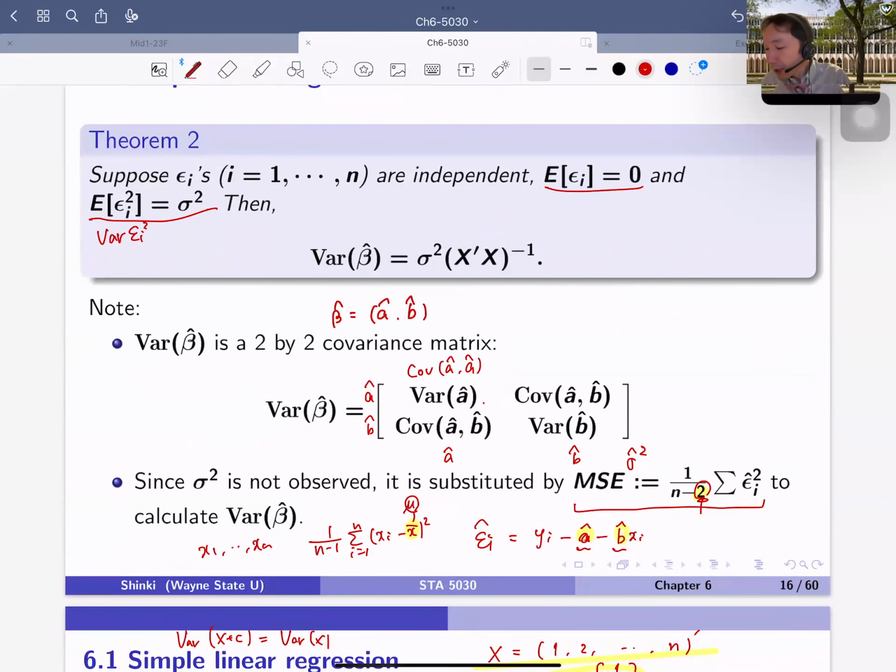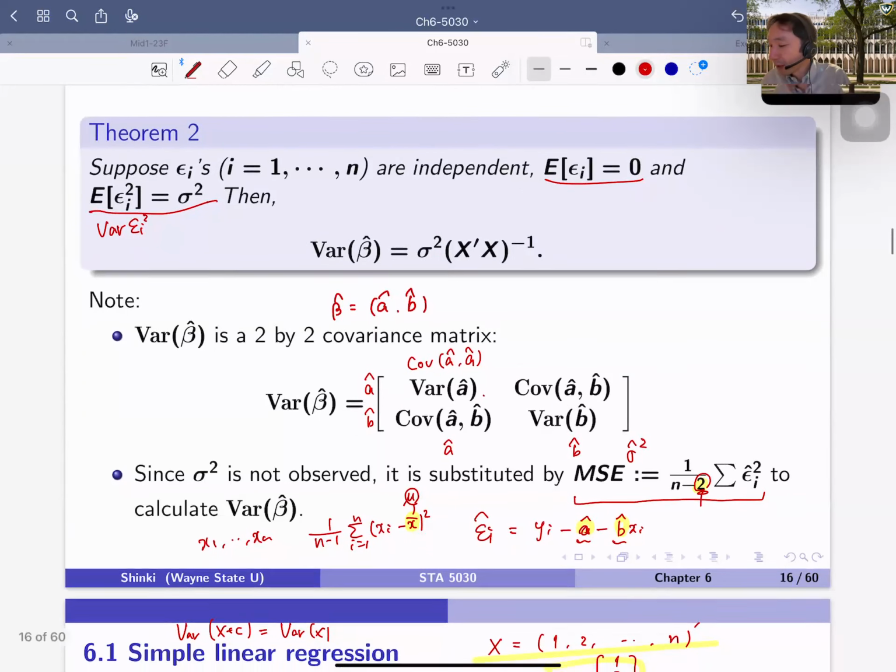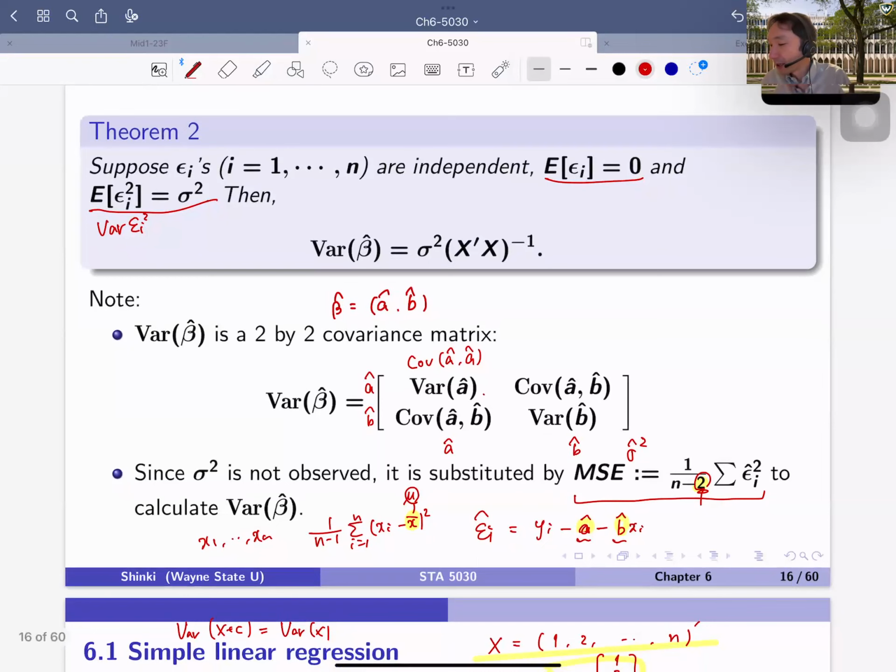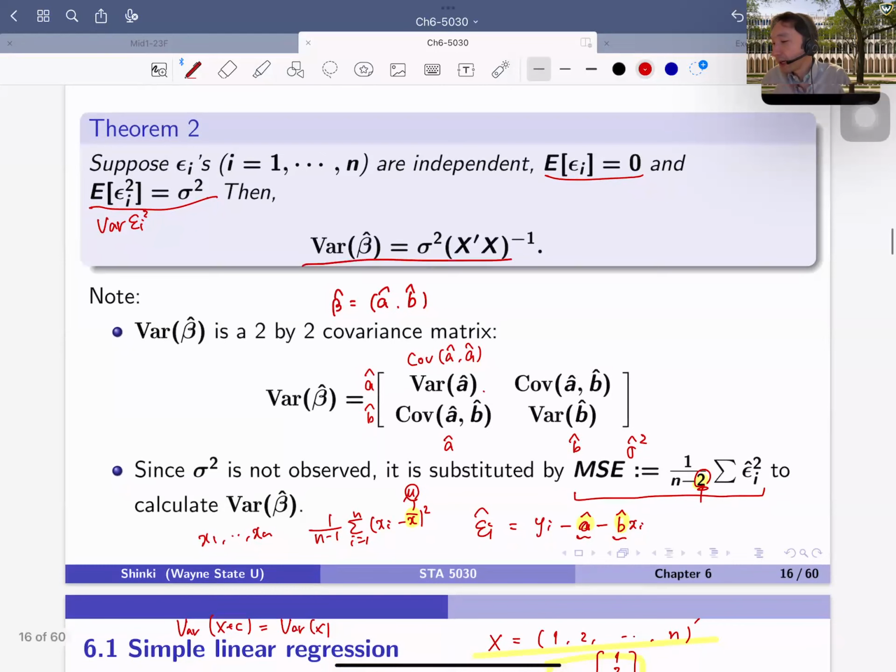So a hat and b hat have some variability, and that is given by this formula. Variance of beta hat means the variance of a hat and variance of b hat on the diagonal, and the off diagonal term is the covariance of a hat and b hat. So this number and this number should be the same.